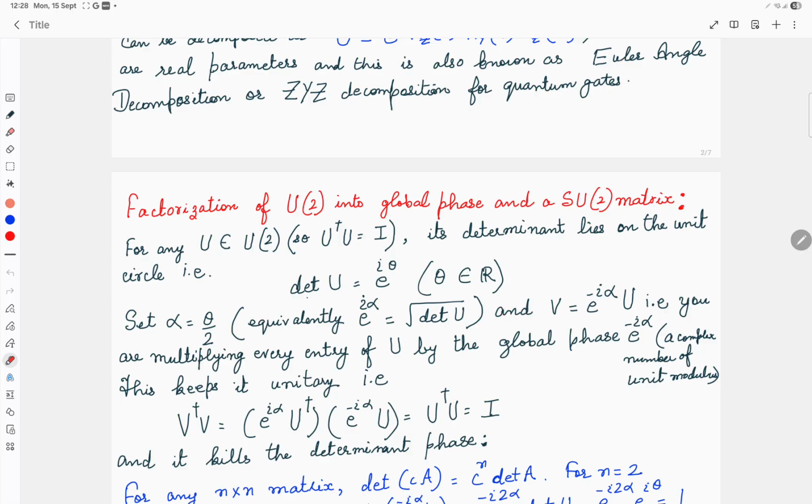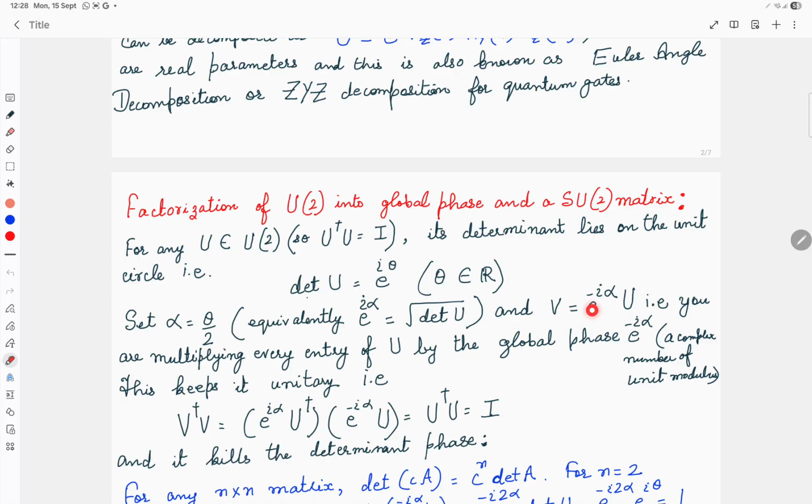And if we have a matrix V, we can use matrix V. How? We will use matrix V which has e to the power minus iota alpha and U. So what can we do with matrix V?